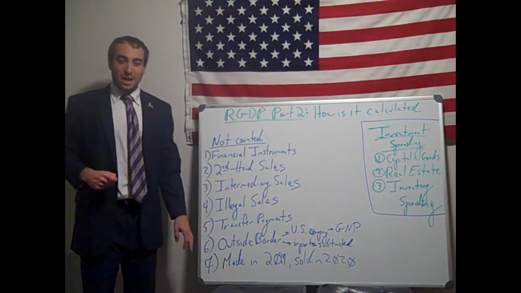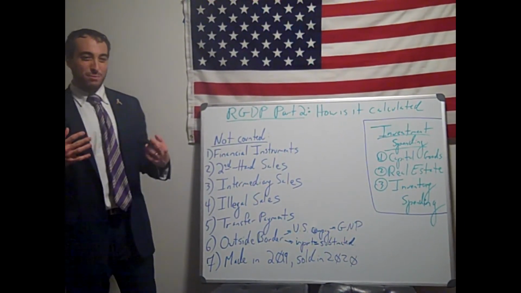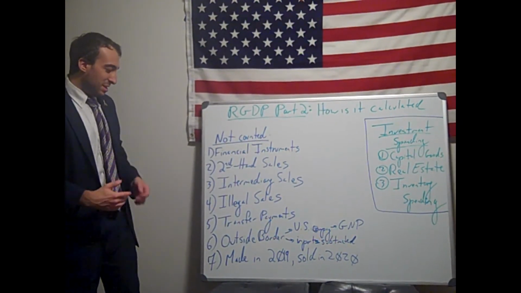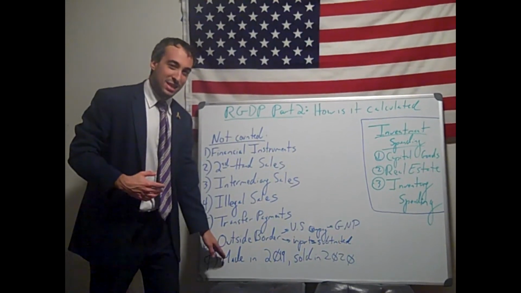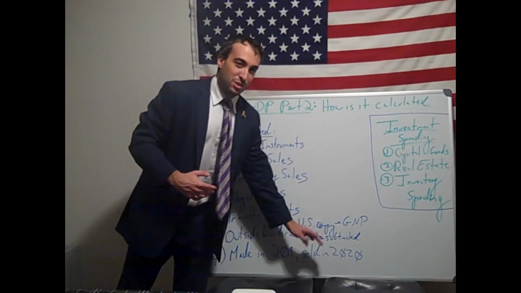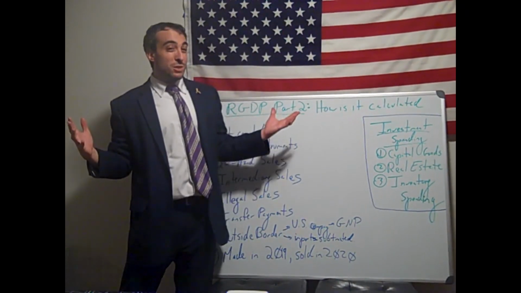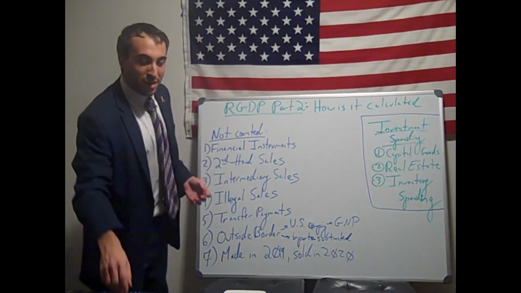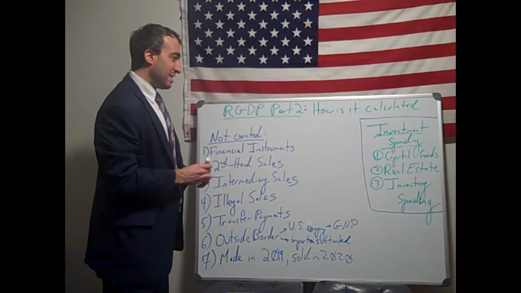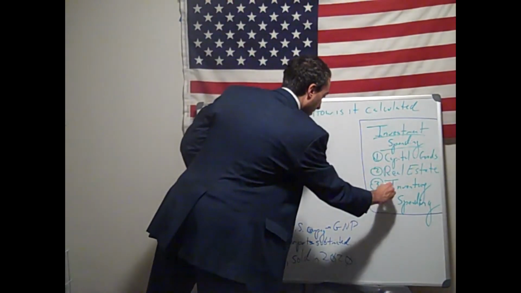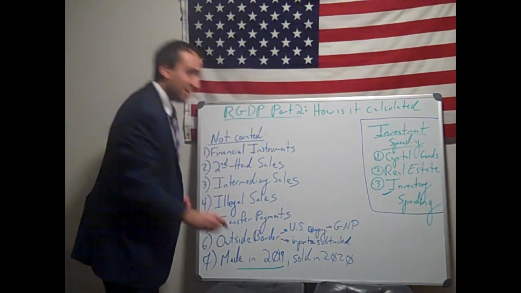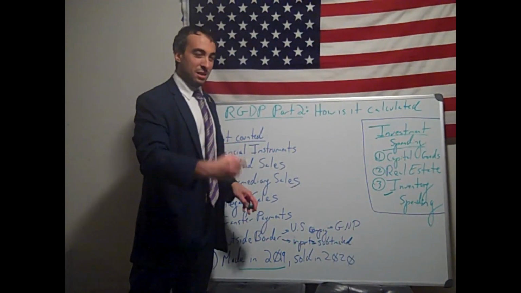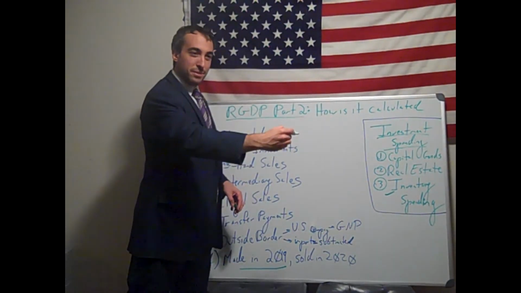And the trickiest, and this is where the AP test will give you the life story of a product, is, let's say it's made in 2019, sold in 2020. What do we do with this product? And this is why revision is so important. So it would count as inventory spending in 2019 because a company paid money to put this item on their shelf.